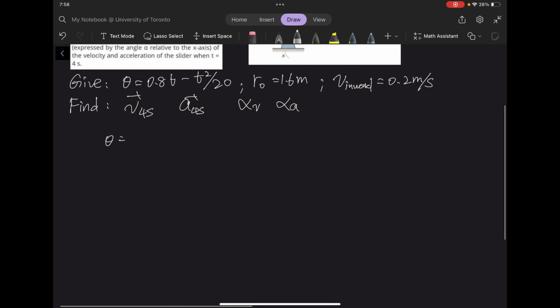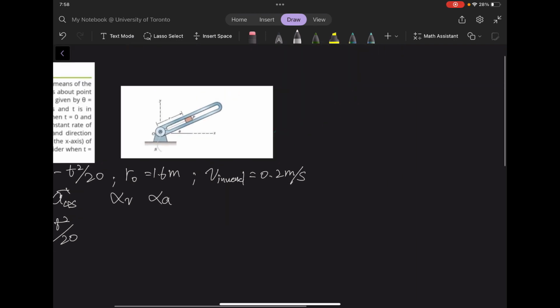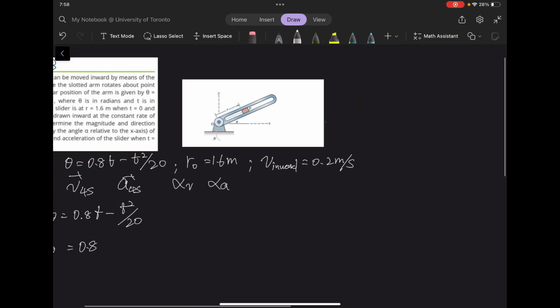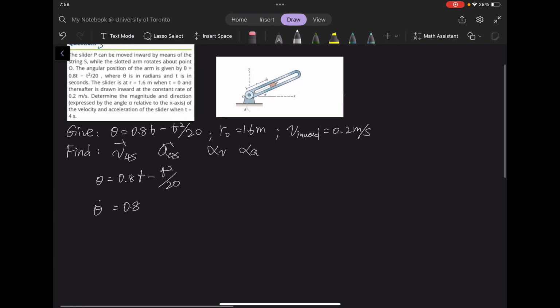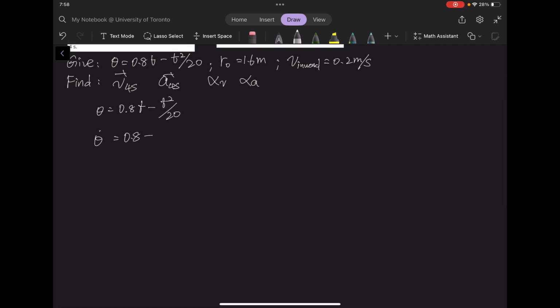We already have the expression for theta. We can take the time derivative of it, which is 0.8 minus 0.1 t.